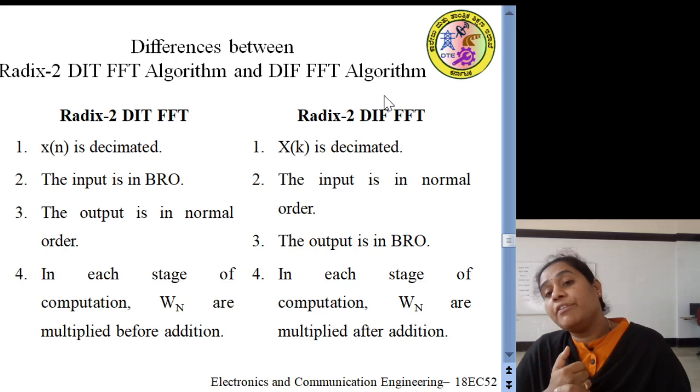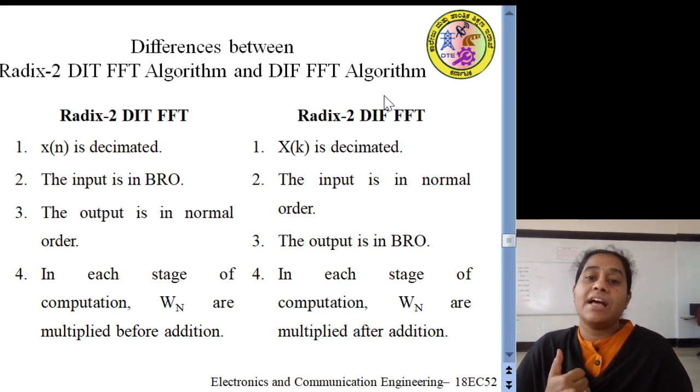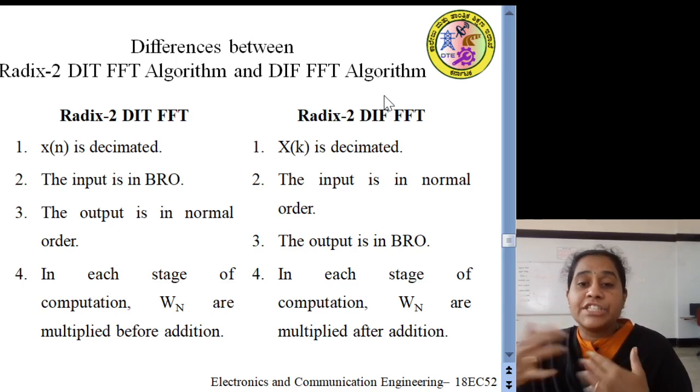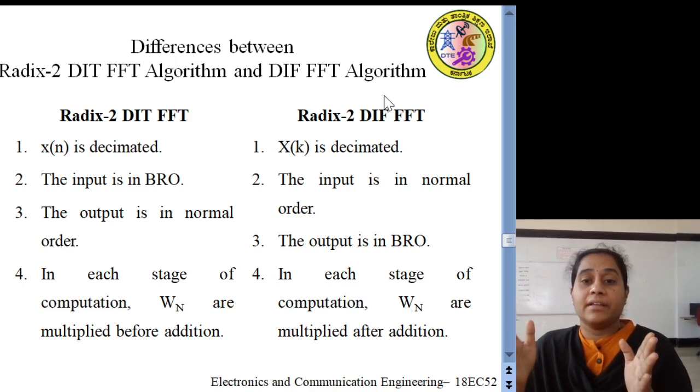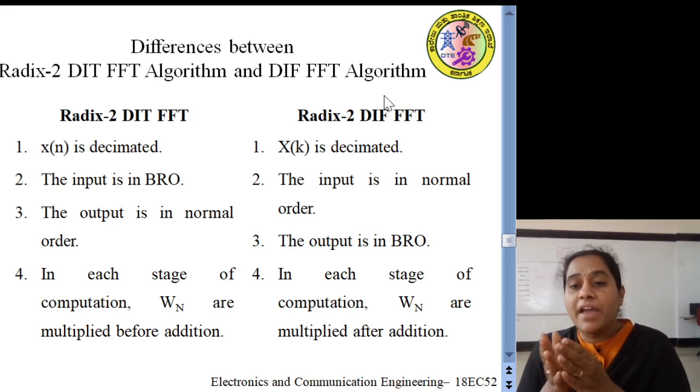So now if we come to the differences between the radix-2 DIT FFT algorithm and the radix-2 DIF FFT algorithm, the first point to be considered is in which domain we are splitting. That means whether in the time domain or in the frequency domain we are decimating.